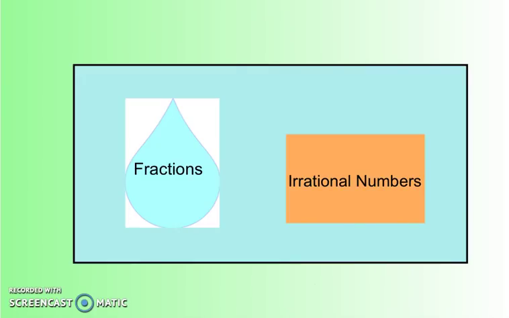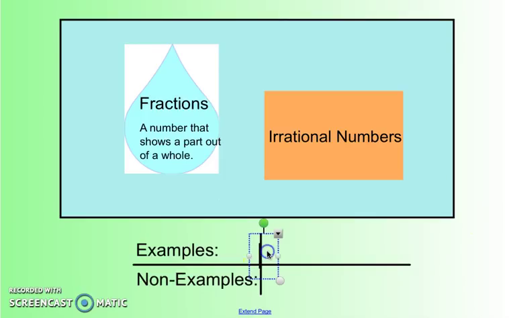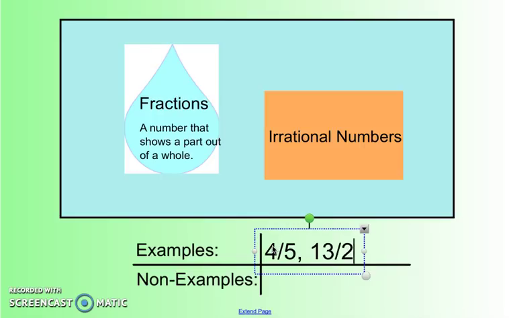Next category are fractions. The definition of a rational number is any number that can be written as a fraction. So all fractions fit in this category, such as a proper fraction, where the numerator is smaller than the denominator, even an improper fraction.